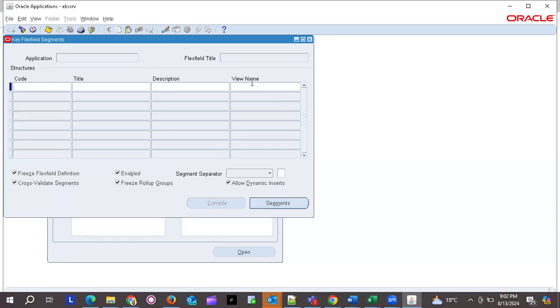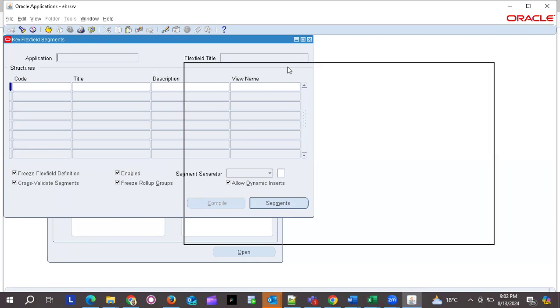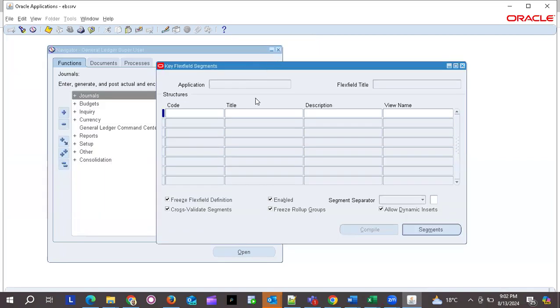So this is where we define the segment, but we start with the organization structure name. You have to provide the application name first.